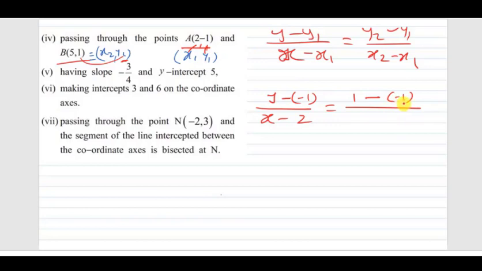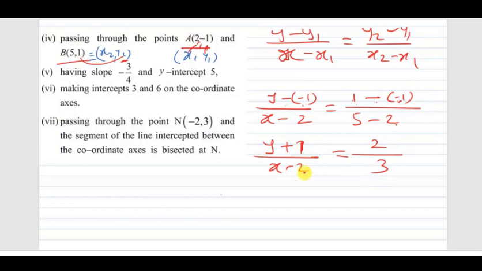Okay, so x2, what is the value of x2? It is 5 minus, what is the value of x1? It is 2. Now minus minus is plus, so I will get y plus 1 upon x minus 2 equals 1 minus minus 1, so 1 plus 1, it will be 2, upon 5 minus 2, it is 3.